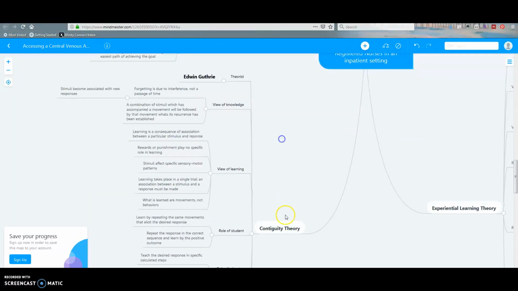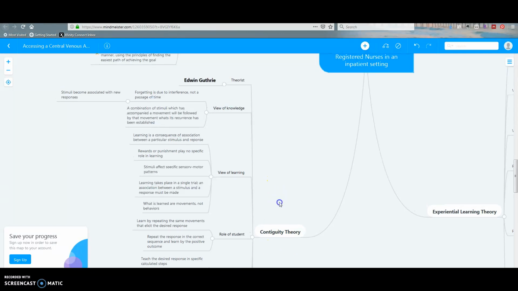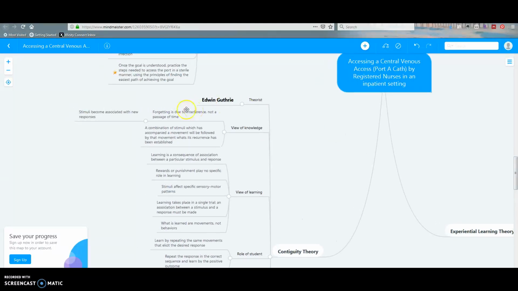So the next theory you wrote about was contiguity theory. Again, this is a stimulus type of theory, so again, a more behavioralist type of theory. I'm kind of seeing a pattern here with the theories that you chose.